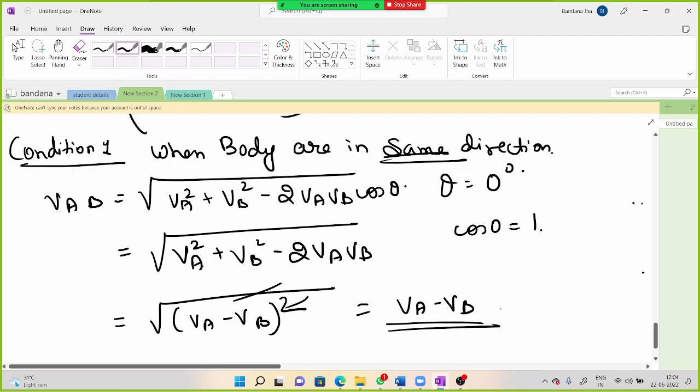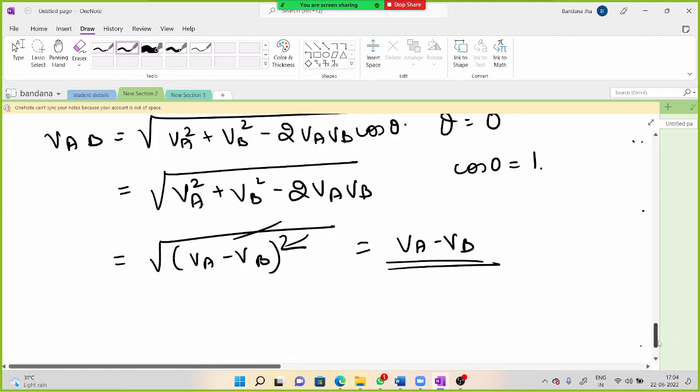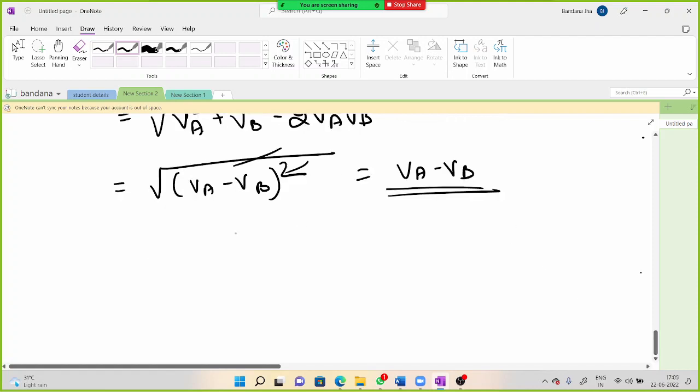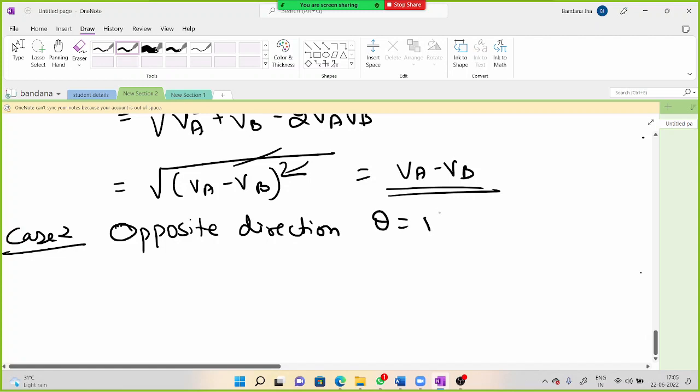Understood? These are the derivations. Okay. When they are in the opposite direction, opposite direction means theta is 180 degree.